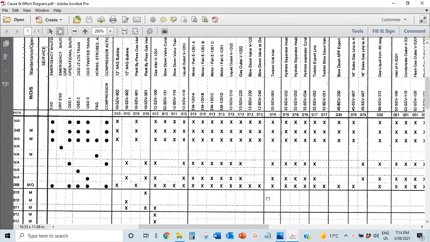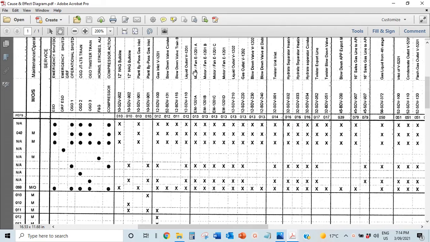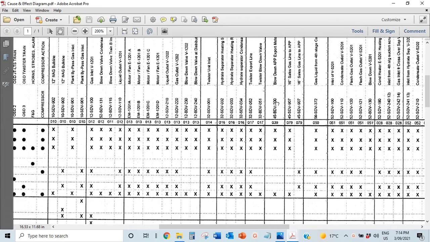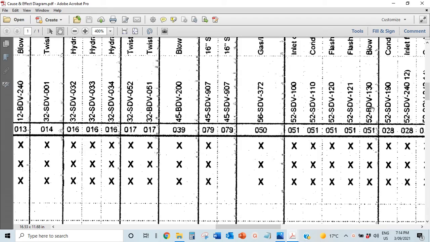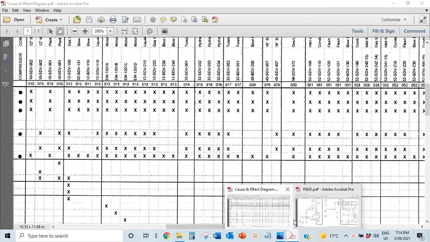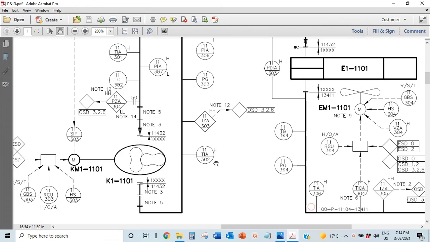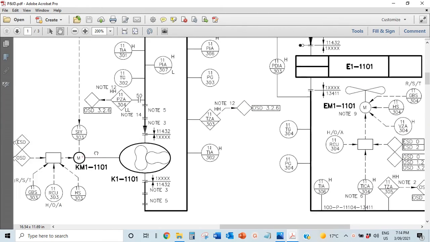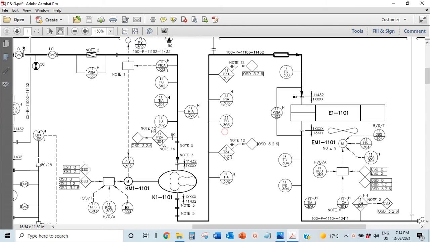And with that, you can see this controls a fan, and this controls a blowdown valve. Some control a shutdown valve: you can see SDV here, BDV here. So it's this chart that tells you what trip controls what, and you can use it to decide how the process should operate. So it's good to have it in a heads up.